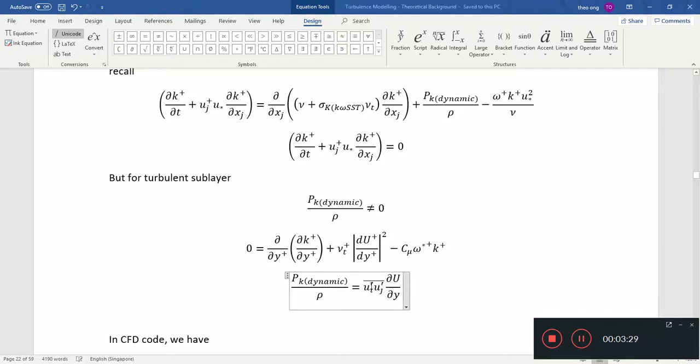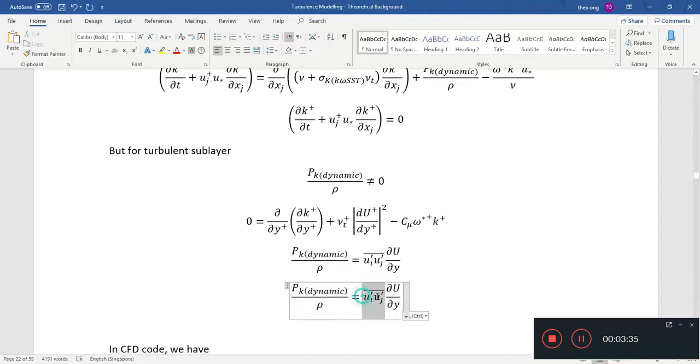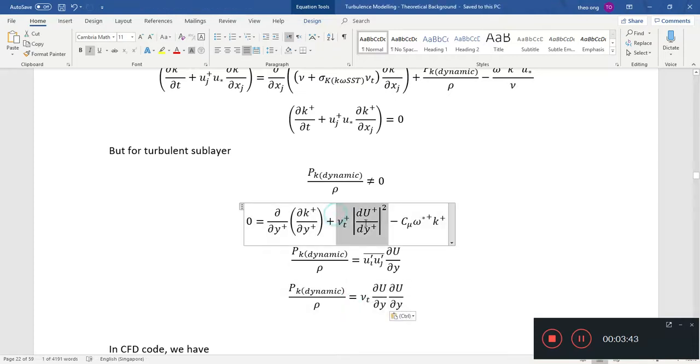So remember this, the hypothesis is that this can be written as some turbulent viscosity times du dy. So we non-dimensionalize it to get this form over here.